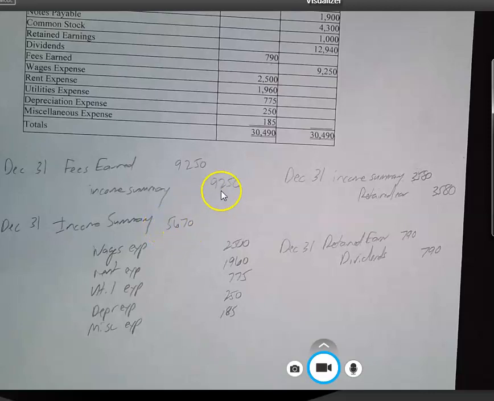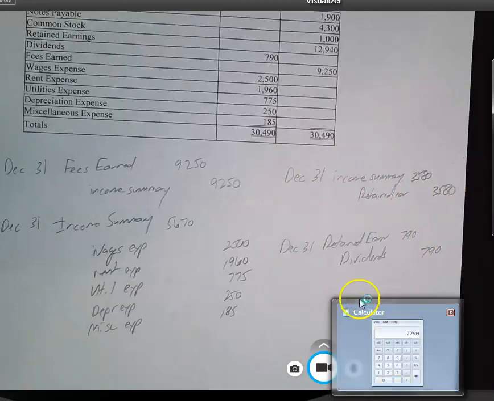Then we're going to take the difference between these. So I want you to understand this particular entry here, this debit entry to income summary, is only because the credit amount was higher. This means we have net income. If we had had a net loss here, we couldn't do it this way. This entry would be reversed.